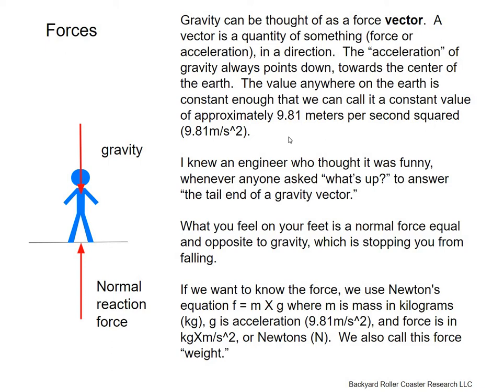That's the value of the gravitational constant when you're near the surface of the Earth. So a gravitational vector always points down. In fact, I knew an engineer, and whenever someone would say, "What's up?" he'd say, "The tail end of a gravity vector," which is the definition of up. That's a joke that engineers get.